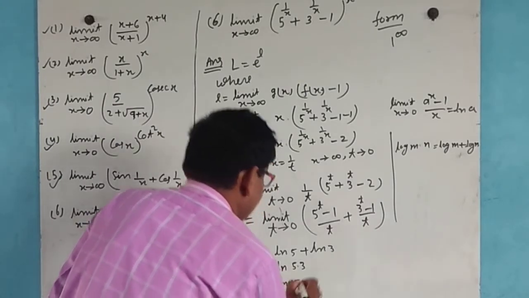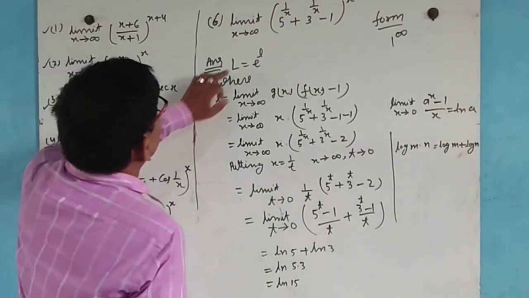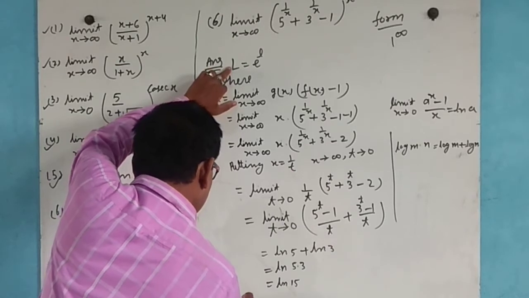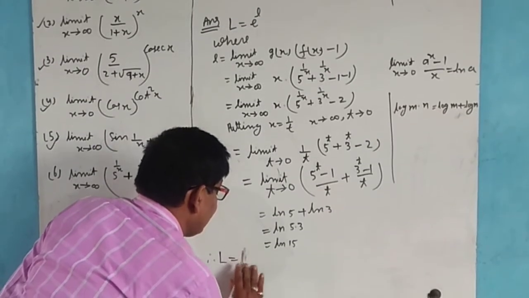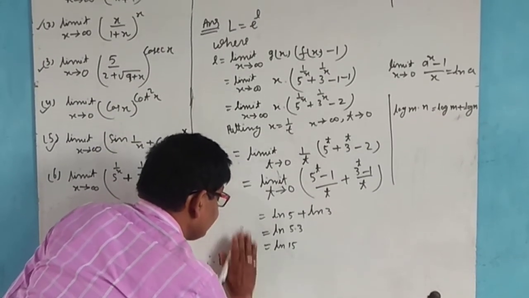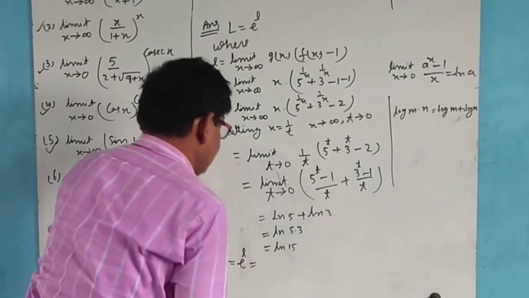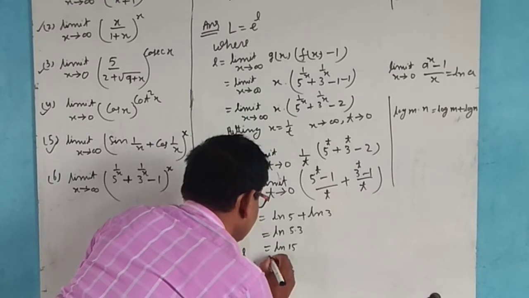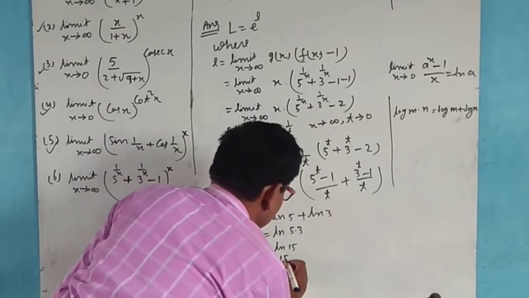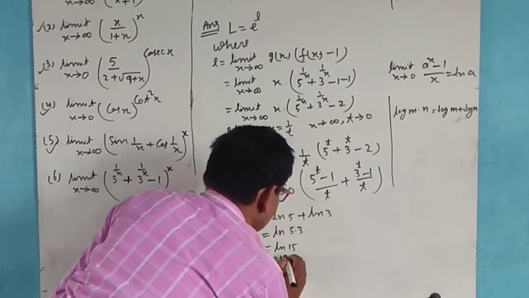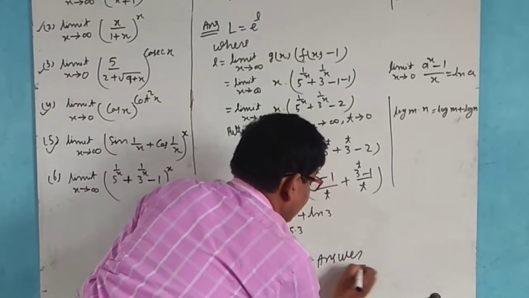So our answer, the value of the limit, is e to the power L, that is e to the power ln 15. E and ln are reciprocal, so this is equal to 15. This is the answer.